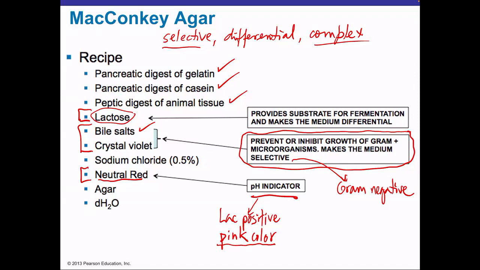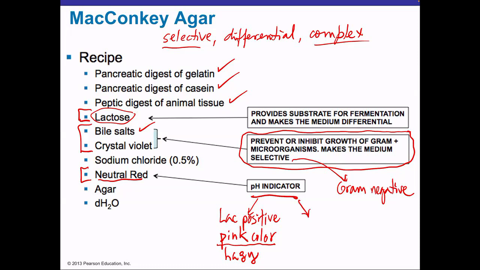Also, the bile salts precipitate in the immediate neighborhood of the colony, causing the medium surrounding the colony to become hazy. And again, not only are the colonies turning pink, but the medium around the colonies may also turn bright pink.